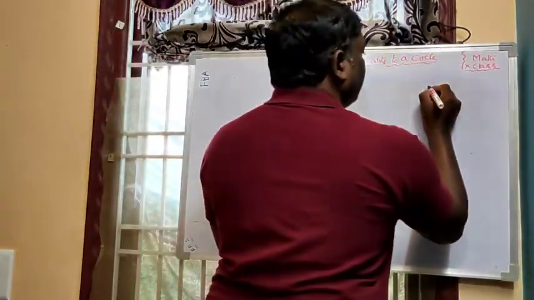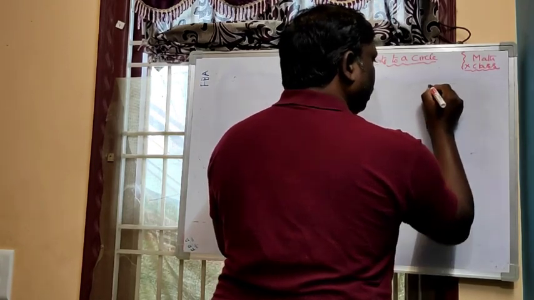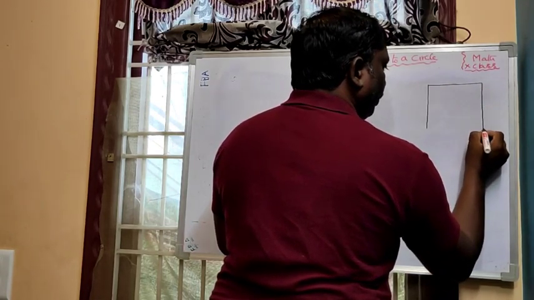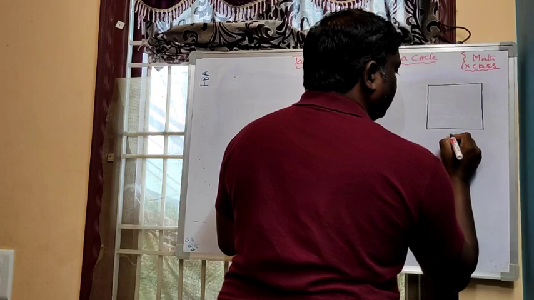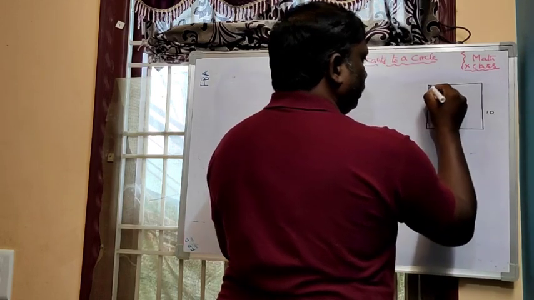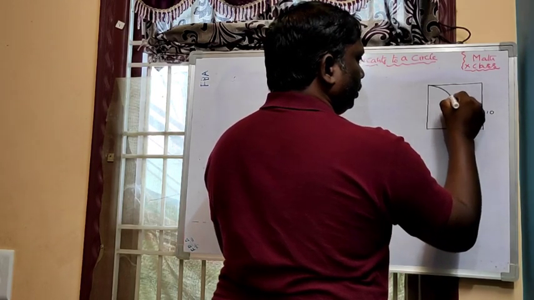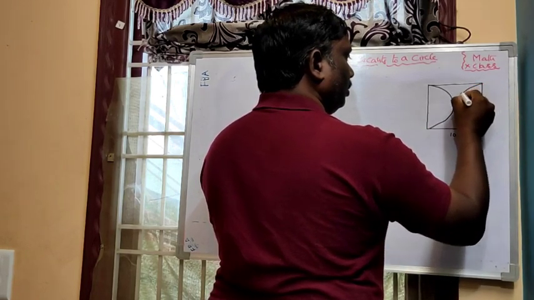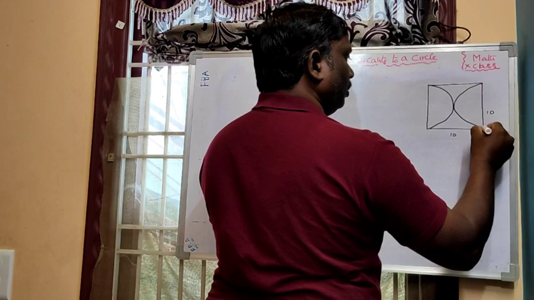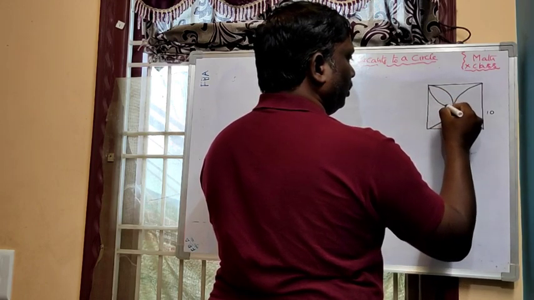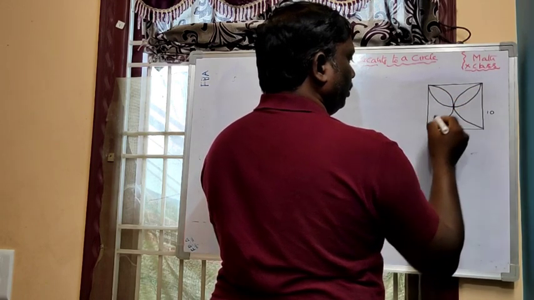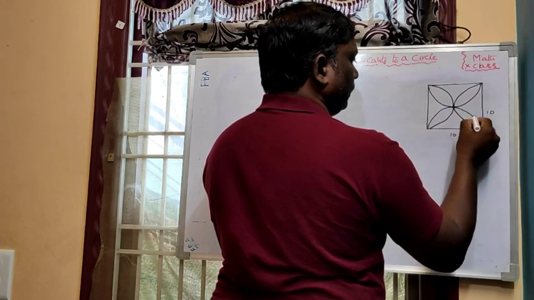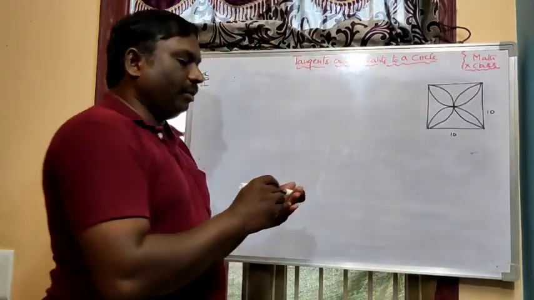So see here, the square has each side 10 centimeter. This is the diagram they gave.